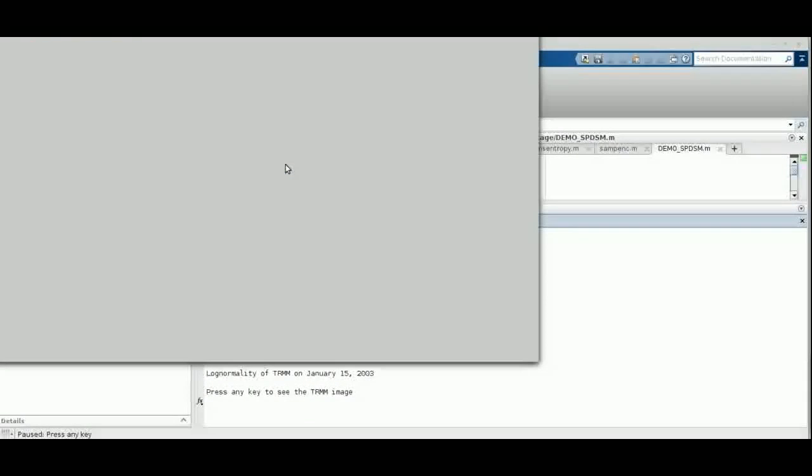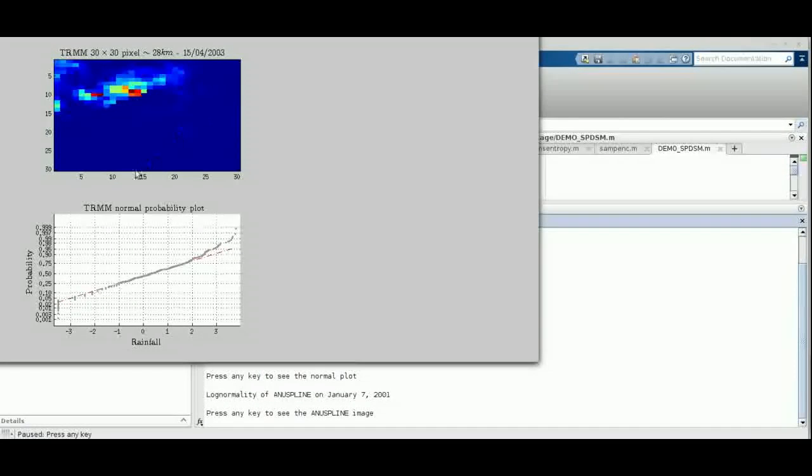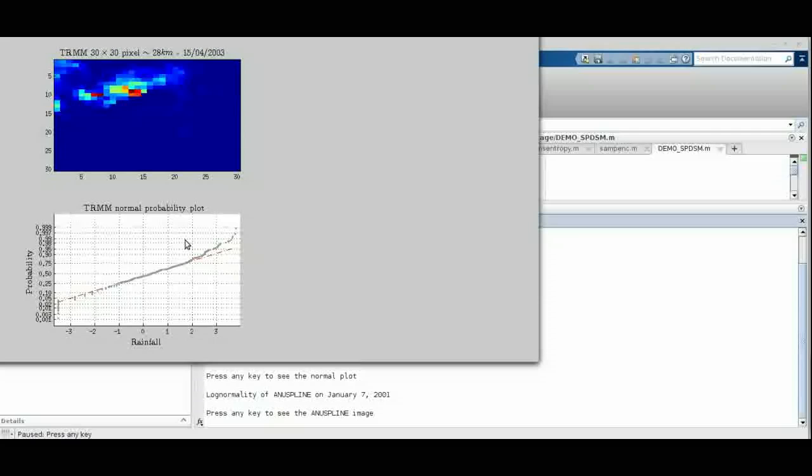As we mentioned, the first thing to test is the log normality of the data. So let's take this TRMM image and run a normal probability test on it. Why a normal probability test?